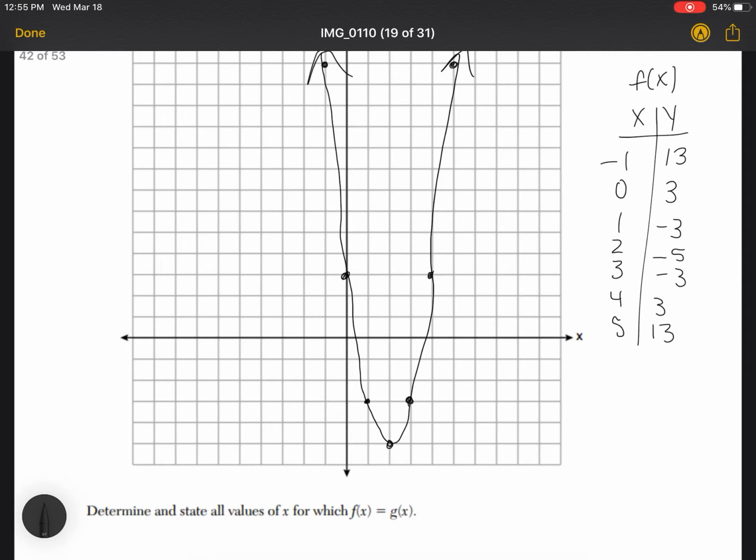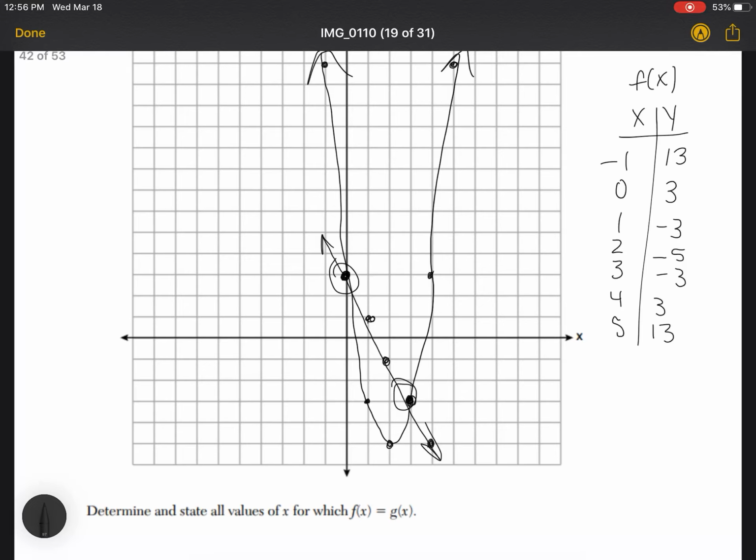Okay, so this is what our parabola looks like. And then our line, g of x, is negative 2x plus 3, so y-intercept is at 3. We already found one point that they intersect. Slope is negative 2, so down 2, right 1, down 2, right 1. And look at that, I found another place that they intersect. So it's these 2 points here.